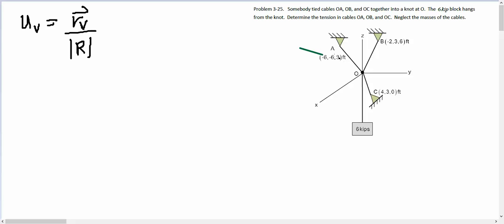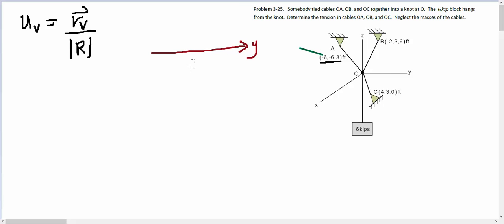So for the first one, the position vector is minus 6, 3. Well, because the second side is at 0, the difference would just be the same thing here. So before doing that, let's draw a free body diagram. We have something like this.